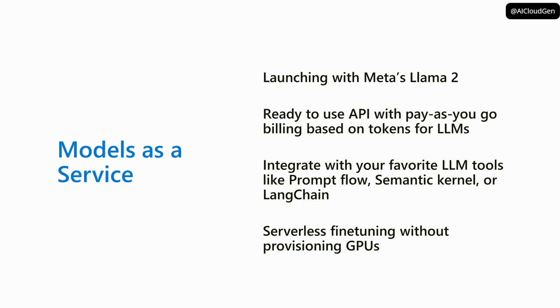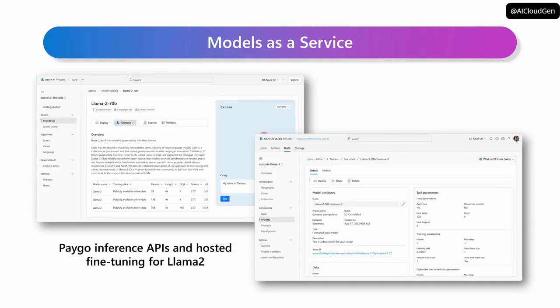So if you decide to fine-tune your models, the infrastructure required to fine-tune is also available quite easily. This showcases how the Llama models are available to use in the pay-as-you-go model, and you can fine-tune them quite easily for Llama 2. These are all things that you can do within the Azure AI Studio.